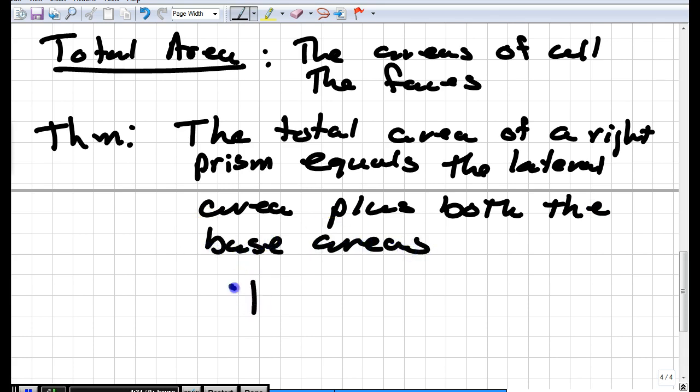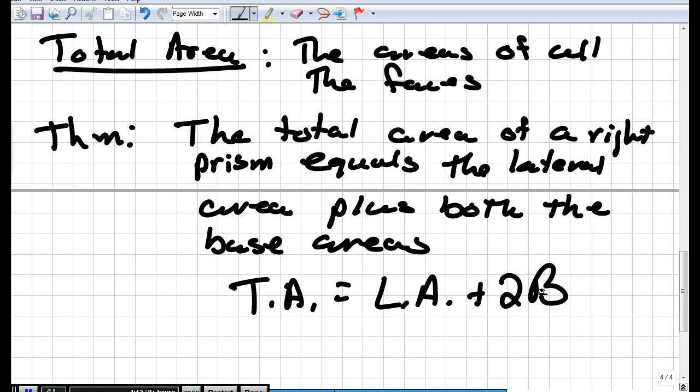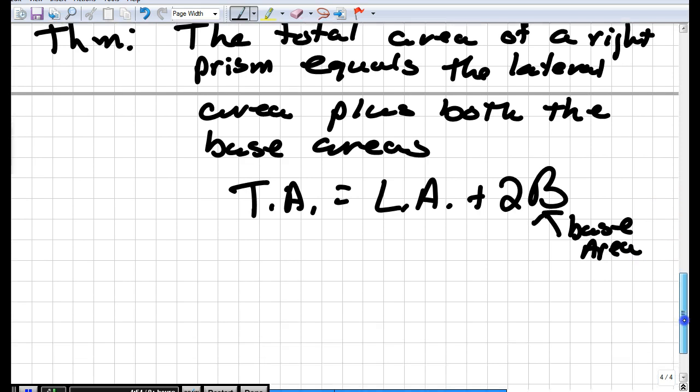And so we abbreviate that. Total area is equal to lateral area plus 2 times the base area. Notice this is a capital B, and the capital B means it's the base area. Okay?